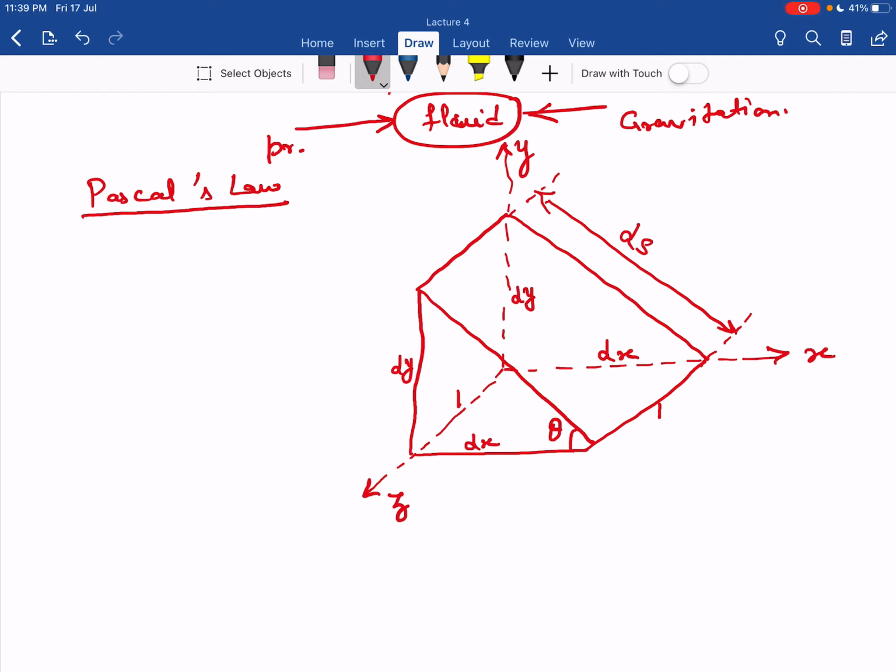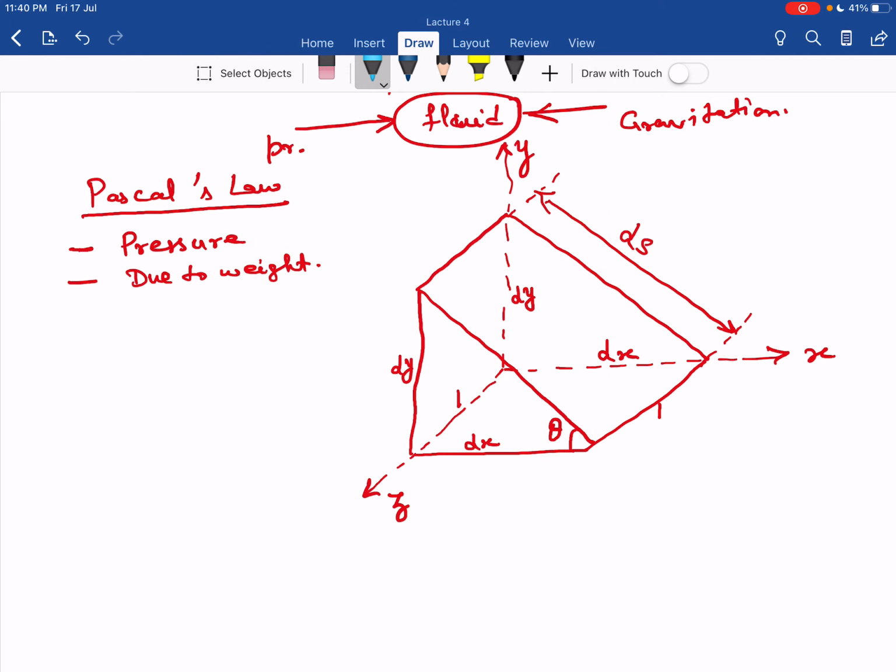So first there are two forces, we can write it as the first force due to pressure and the second force due to weight or gravitation, that is the weight of the element. So now we find out these forces one by one.